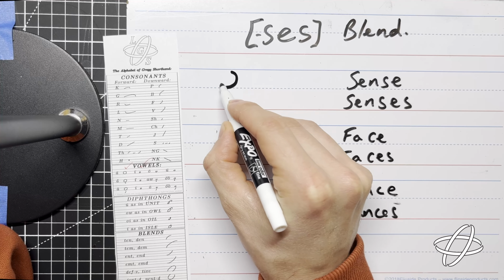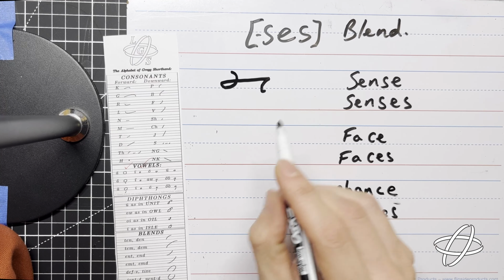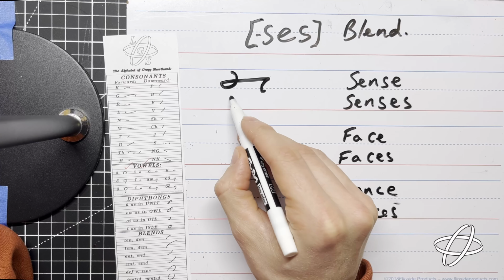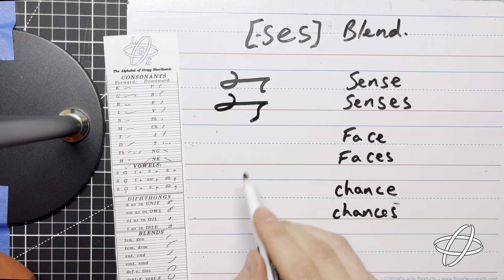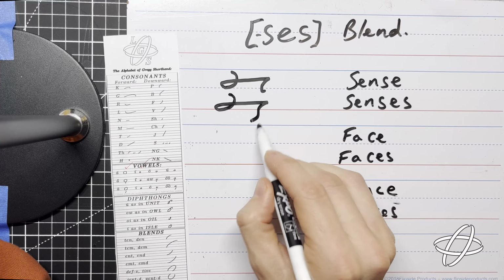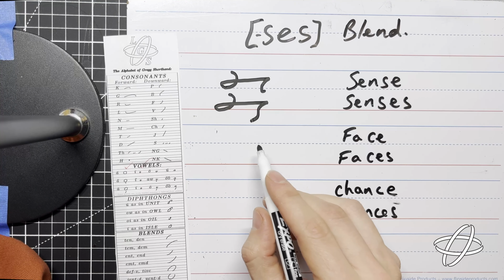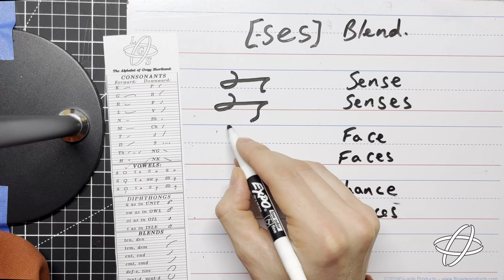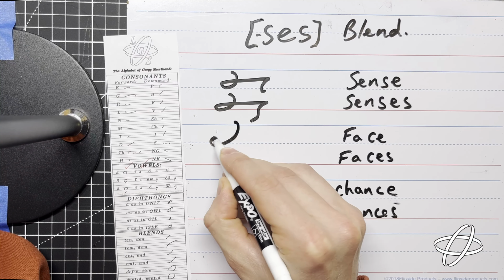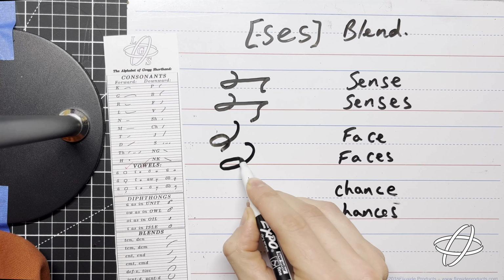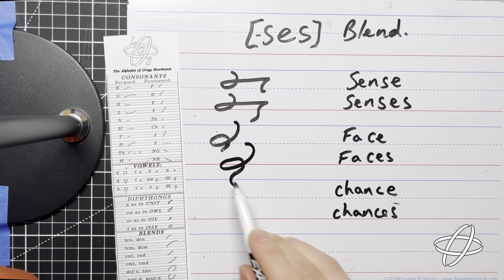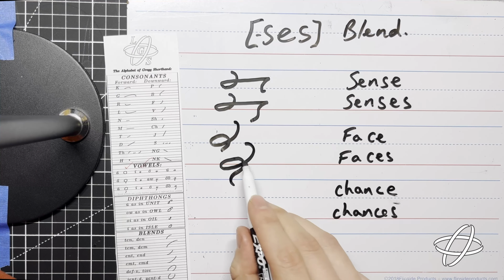So we have S-E-N-S for sense. For senses, we have S-E-N-S, senses. Okay, that's where that blend comes into play. Let's do another one, face. F-A-S versus F-A-S, faces. Okay, faces.